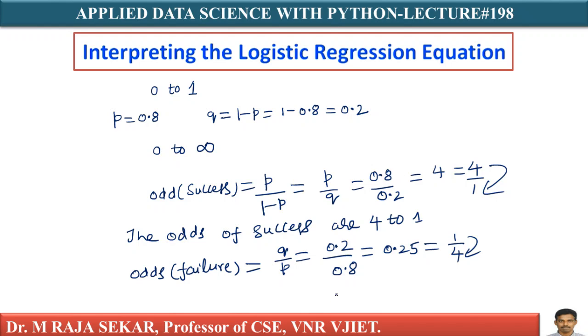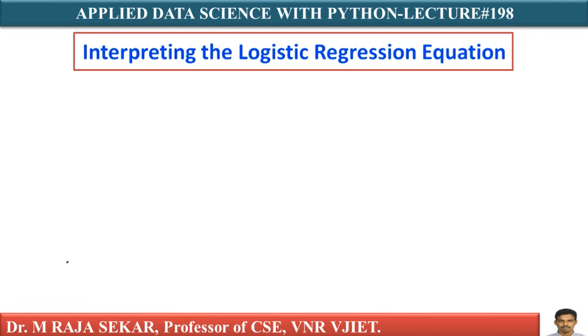That is, 1 by 4 is equal to 0.25, and 1 by 0.25 is equal to 4, isn't it? Yes, I think anybody can understand this. It's simple mathematics, isn't it?